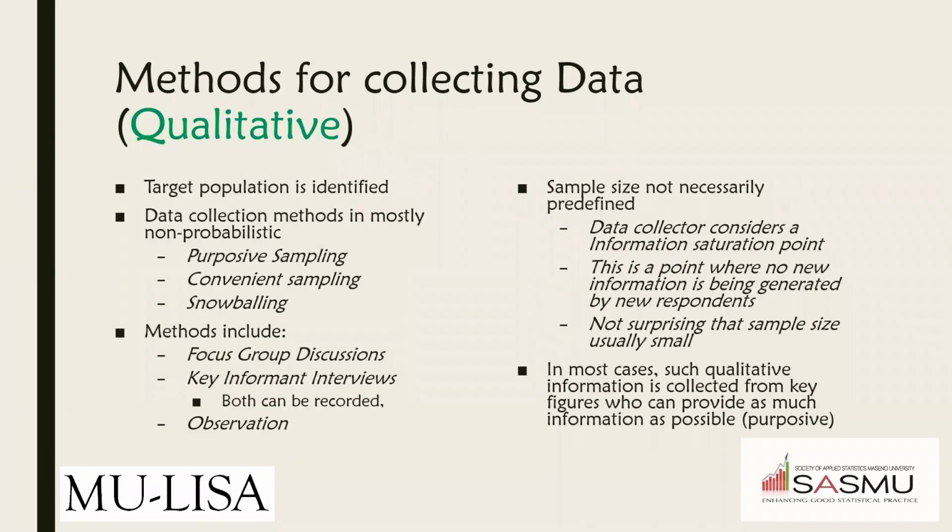Now, this is not so with qualitative. Yes, the target population is identified also in qualitative. However, because of so many limitations and the nature of it, probabilistic sampling doesn't apply so much.